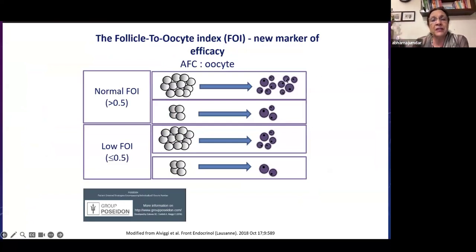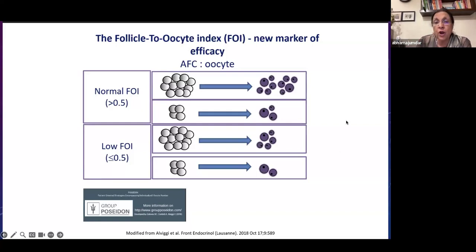Normal FOI means this is the cohort and this is the number of oocytes generated. But if this is the cohort and only this many oocytes are generated, this is low FOI, follicle to oocyte index.